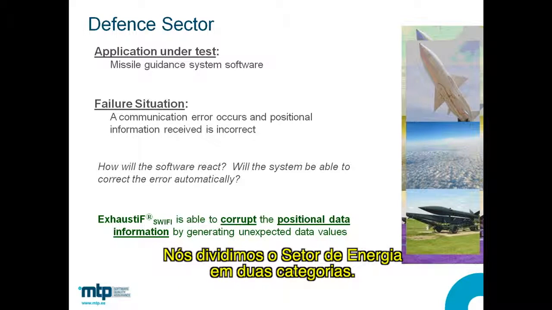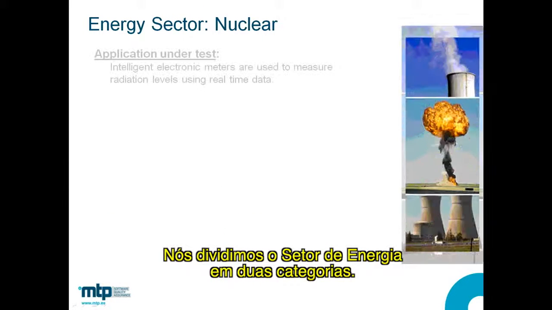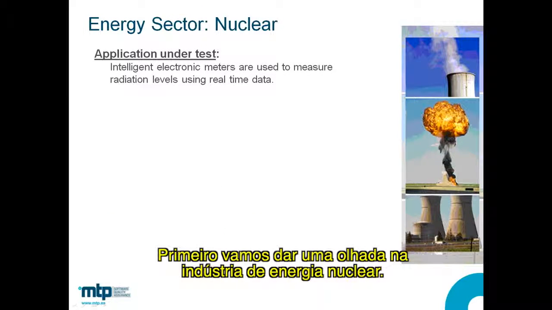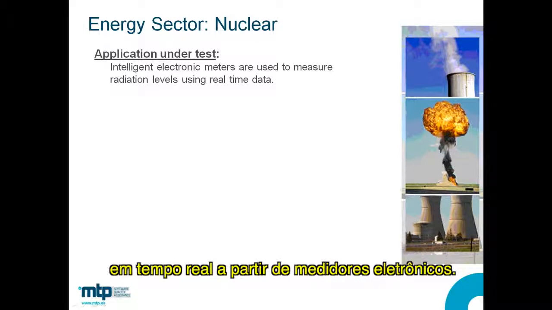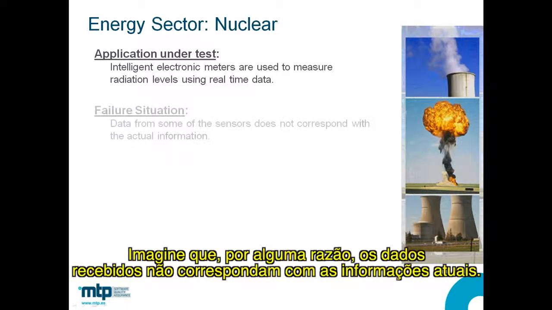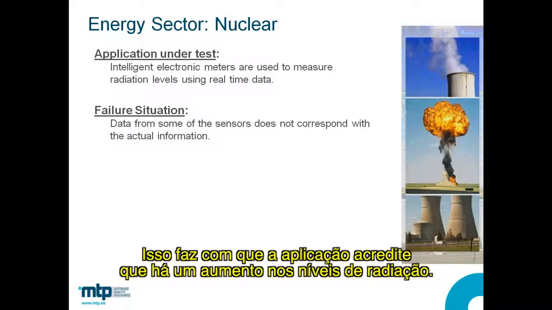We have divided the energy section into two categories. First, let's take a look at the energy sector regarding nuclear power. We have selected an application that receives information of radiation levels in real time from electronic meters. Imagine that for some reason the data received does not correspond with the actual information. This makes the application believe that there is an increase in radiation levels.